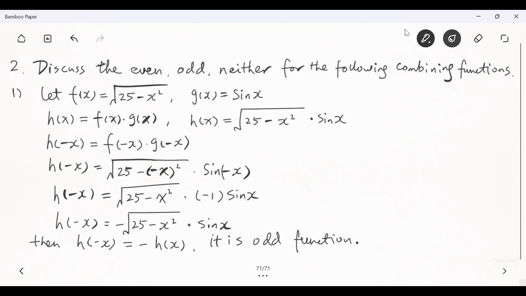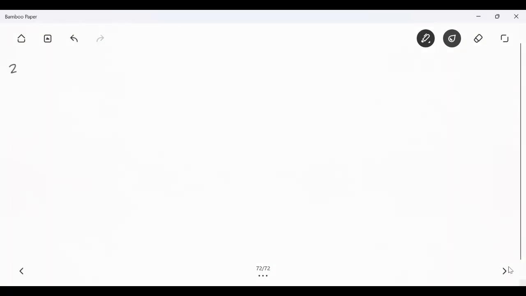Next, number 2, let f(x) be sine x and g(x) equal cosine x.